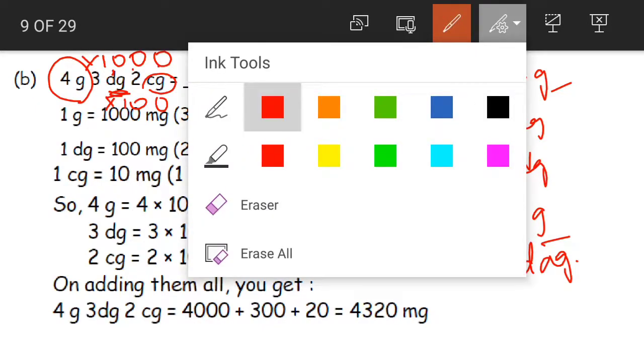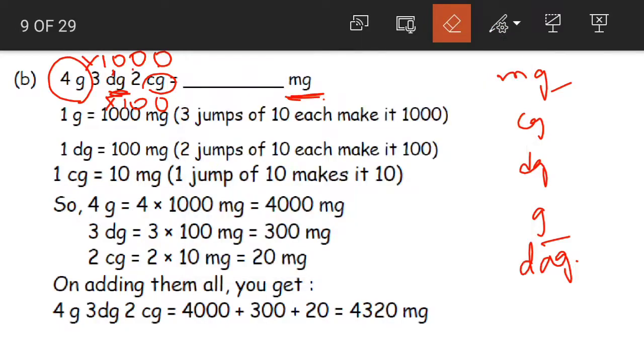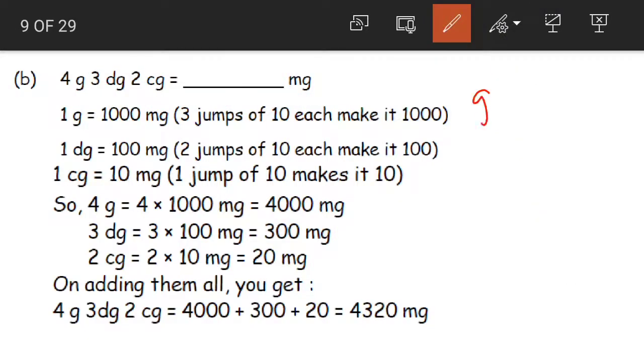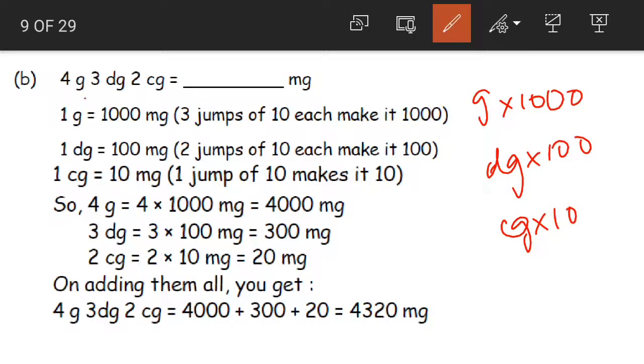Next centigrams. Centigrams to milligrams. Only 1 jump. So we have to multiply our centigrams by 10. Understood children? What should we do? Grams are to be multiplied by 1000, decigrams by 100 and centigrams by 10.